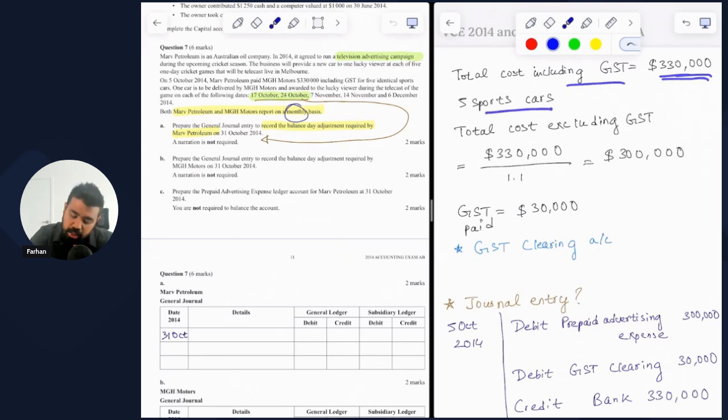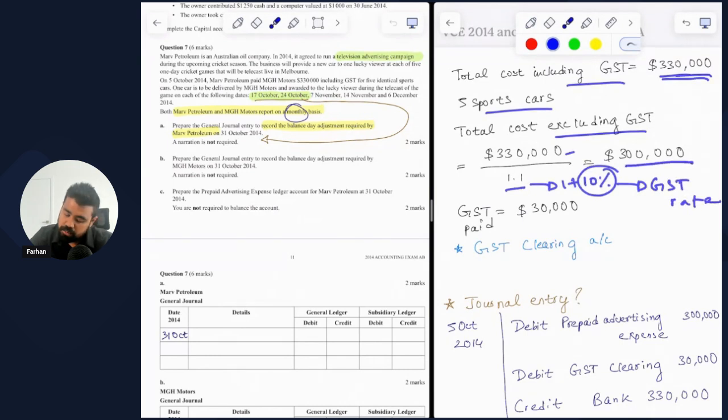So let's calculate the GST excluding cost. So we take the GST including cost of $330,000 and divide with 1.1. The reason we are dividing with 1.1 is because 1.1 can be written as 1 plus 10%, and 10% is the GST rate that is applicable in Australia. So the total cost excluding GST is $300,000.